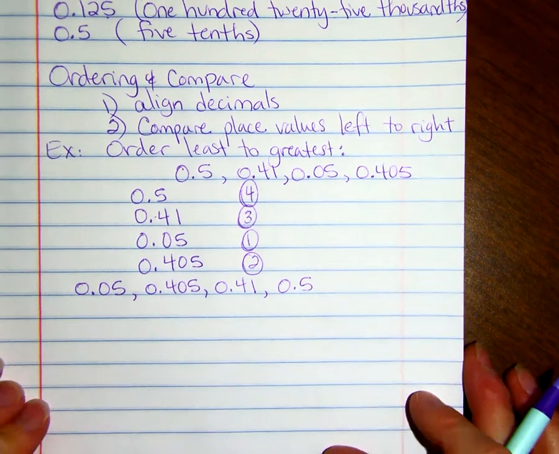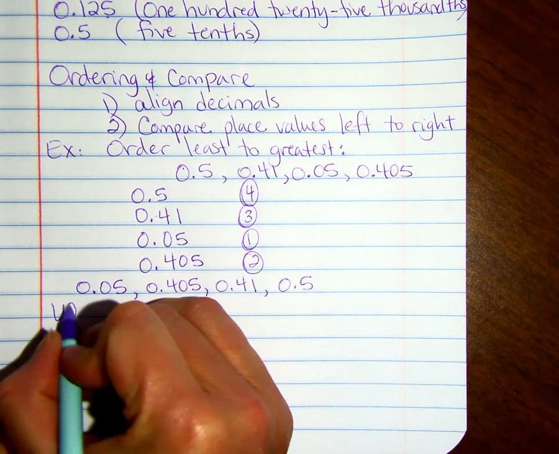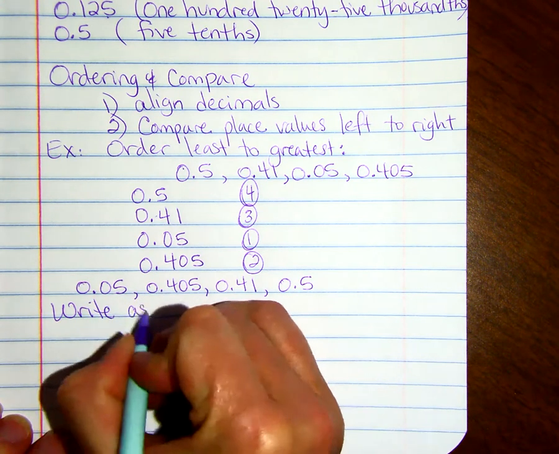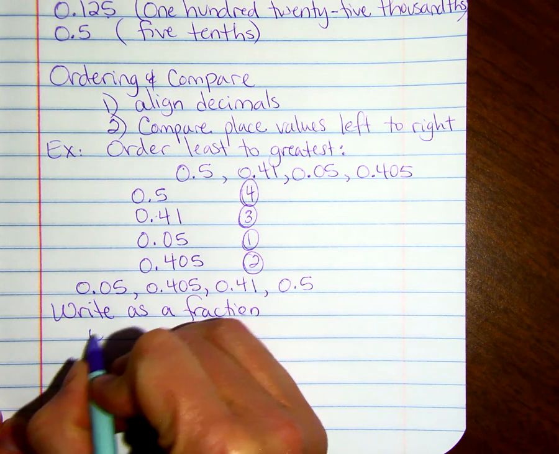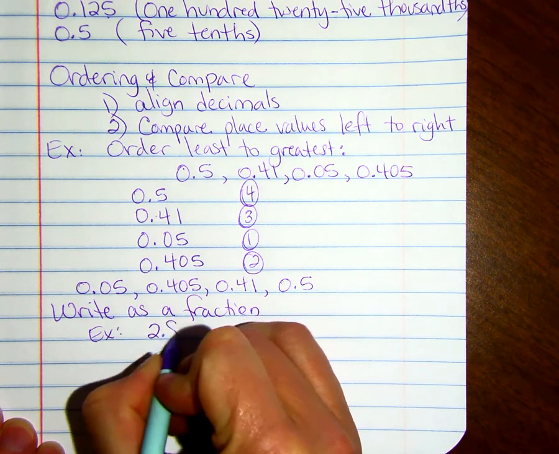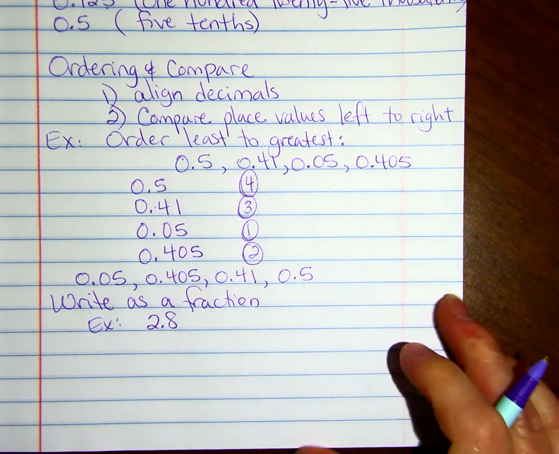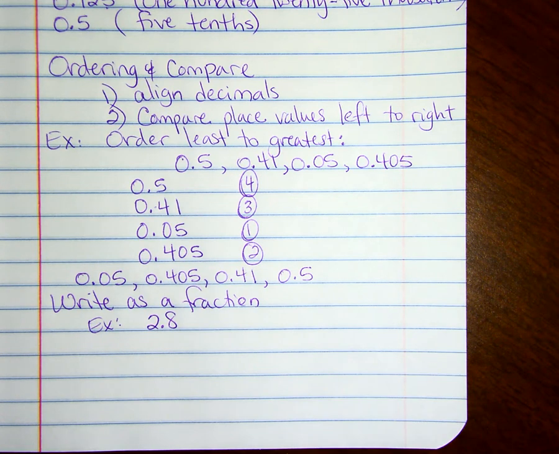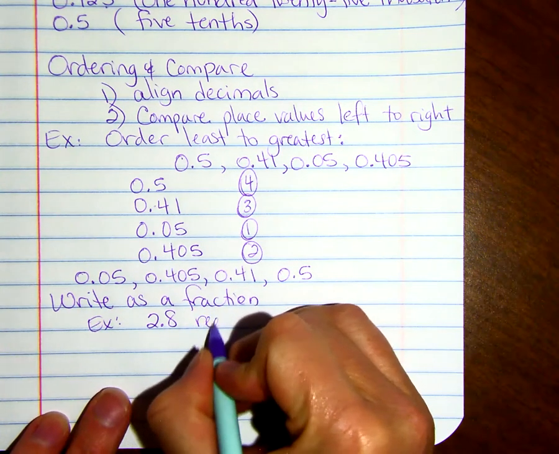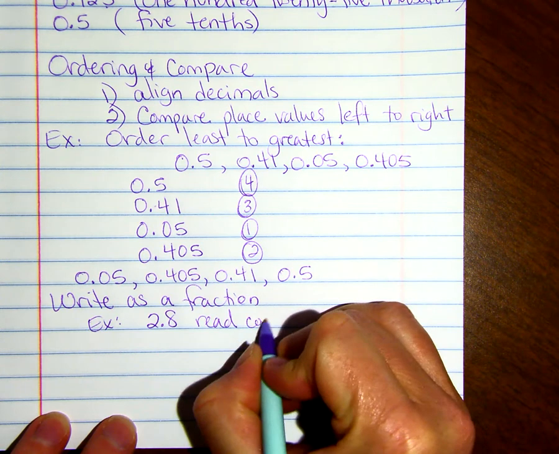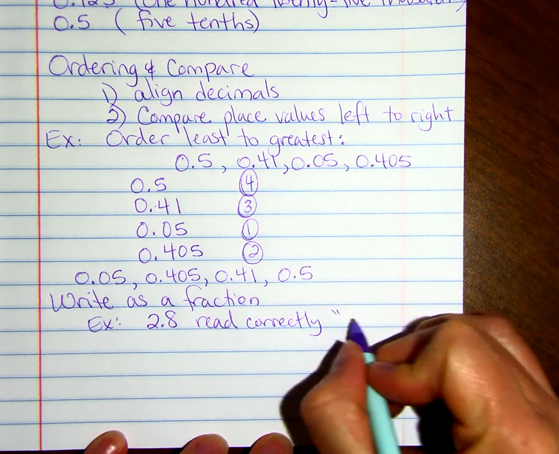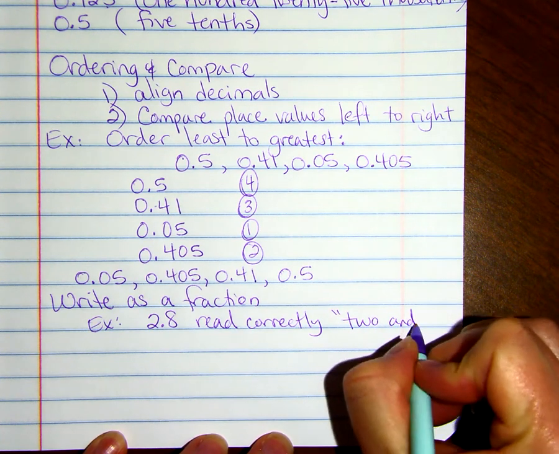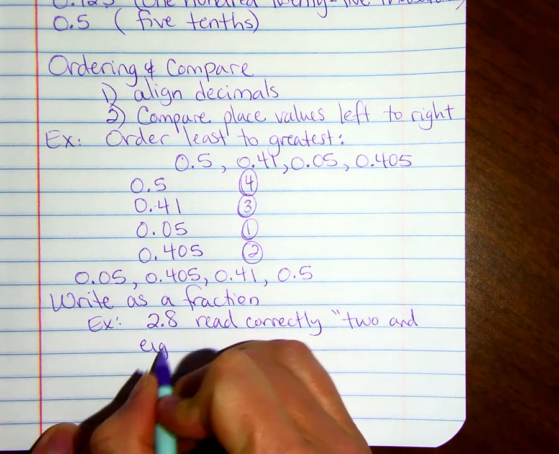So sometimes we're given decimal numbers and asked to write them as a fraction. And we're going to give some examples here. If I had 2.8, you want to read the number the way you're supposed to. So I always say read it correctly. So we don't say 2.8, we say 2 and 8 tenths.